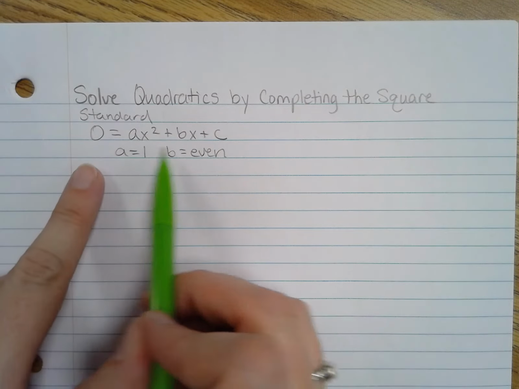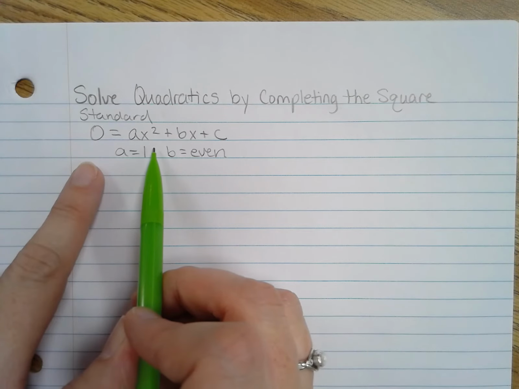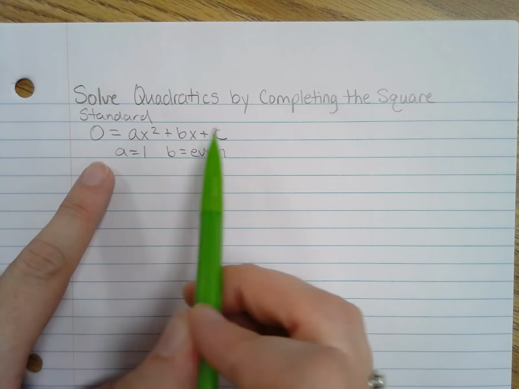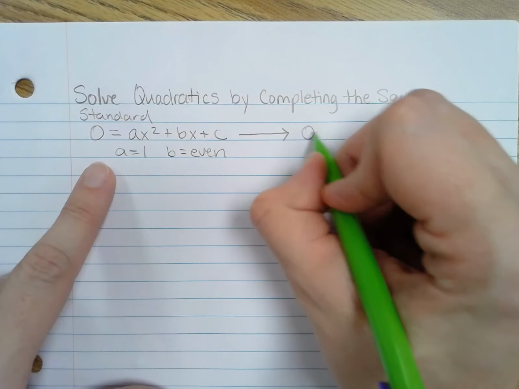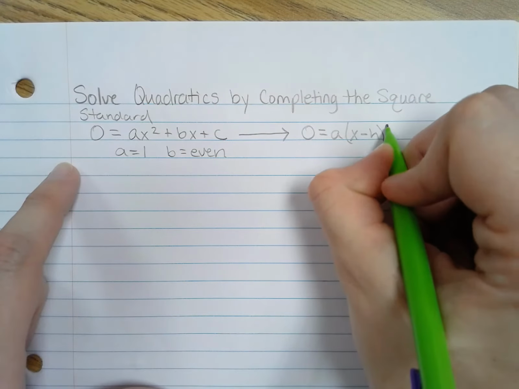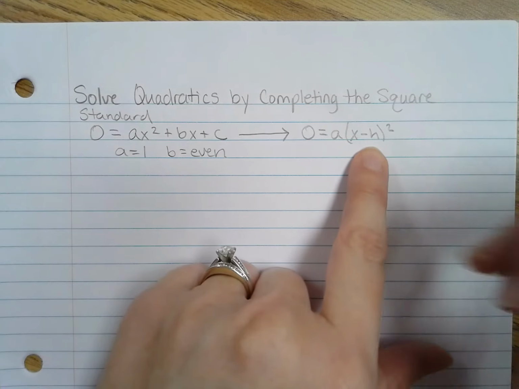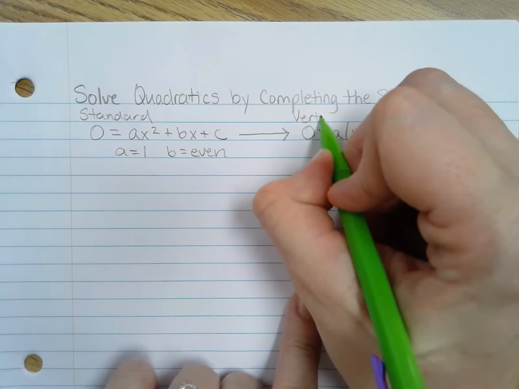You will only need to complete the square if the equation is in standard form, because when we do the process of completing the square, it changes it to vertex form. So remember, that's a times x minus h squared plus k. That's vertex form.